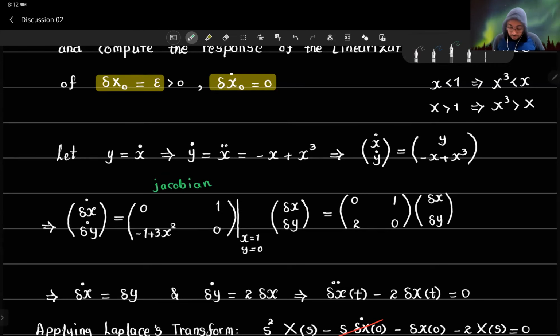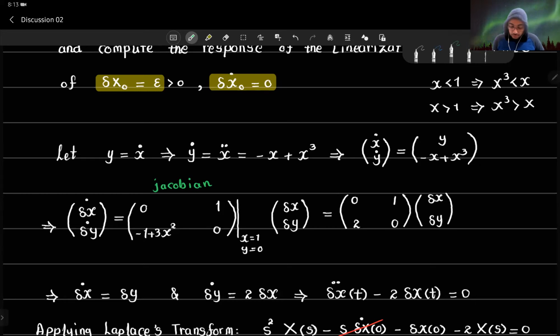To compute the Jacobian, we compute the partial derivatives of the first entry of the vector with respect to our coordinates. In this case, they are x and y. So partial y by partial x is 0. Partial y by partial y is equal to 1. And then we compute the partial derivatives of the second term. In this case, partial of this by partial x is negative 1 plus 3x squared. And then partial of this by partial y is equal to 0.